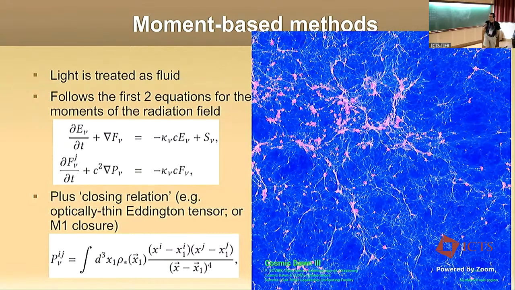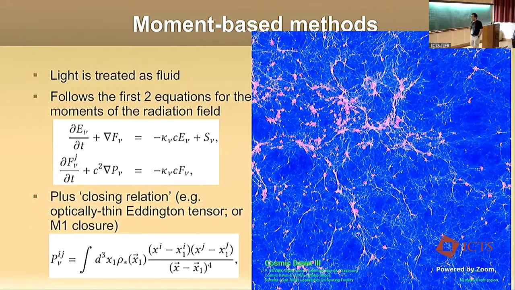It's a bit complicated. There is another one which is called M1 closure, which is even more complicated to explain, which is used in this simulation actually. But either way, you get an additional equation, then you can solve these equations and get your radiation.